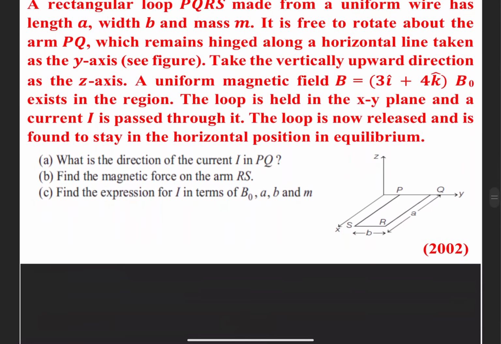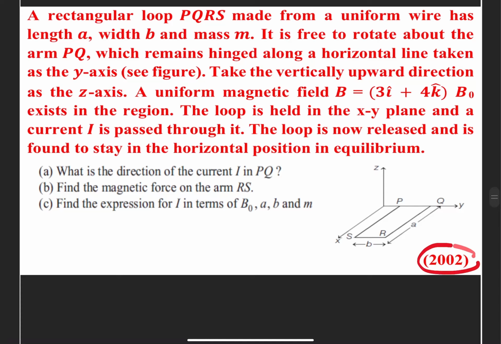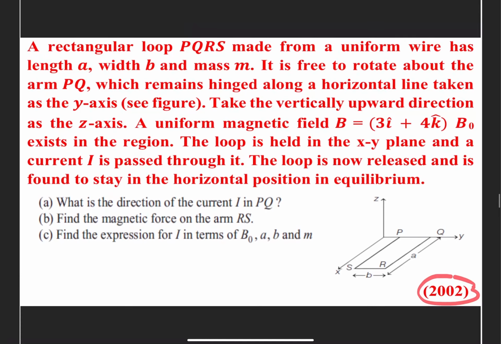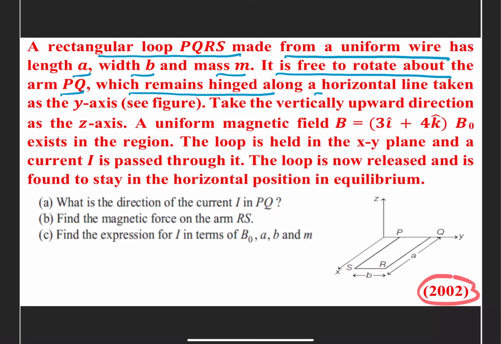Now we have the last question from the year 2002, and it states that a rectangular loop PQRS made from a uniform wire has a length A, width B, mass M. It is free to rotate about the arm PQ, which remains hinged along a horizontal line taken as the y-axis.